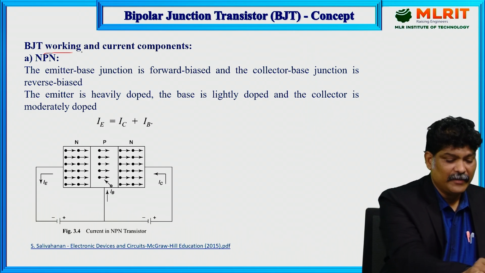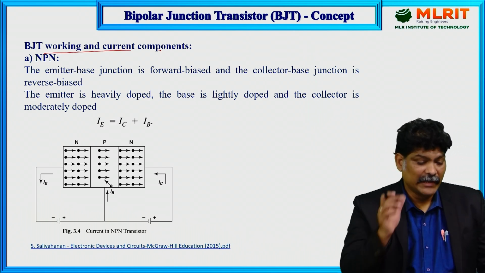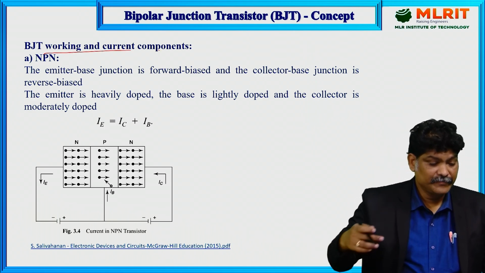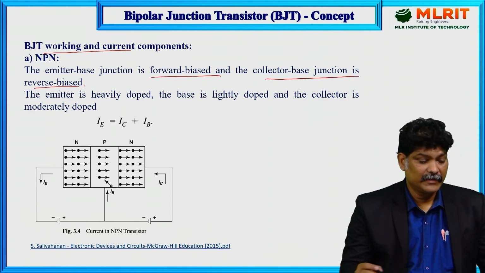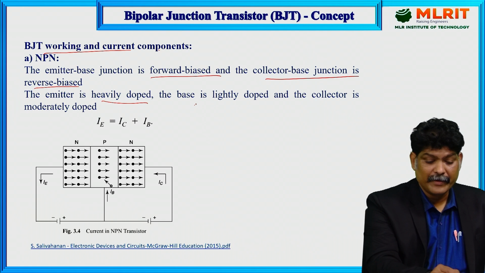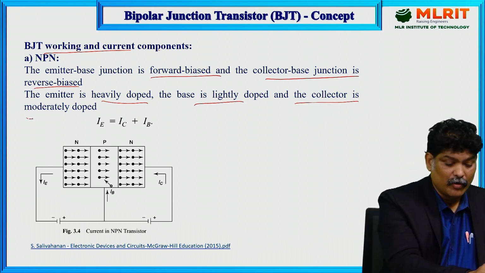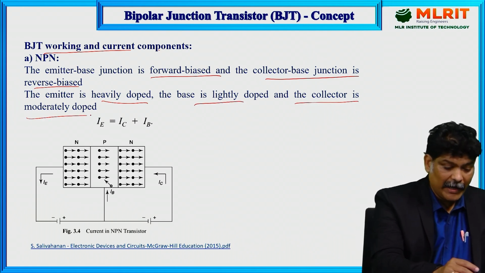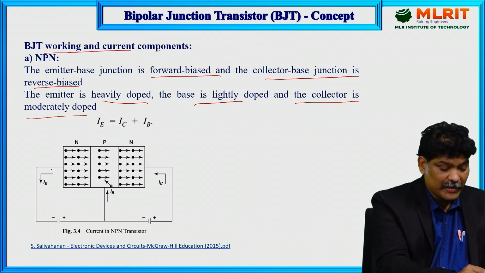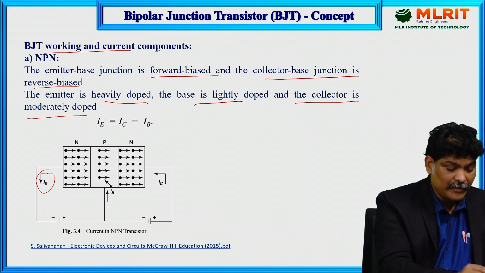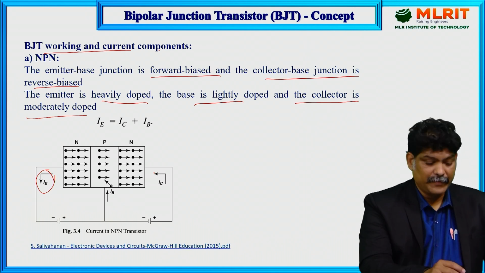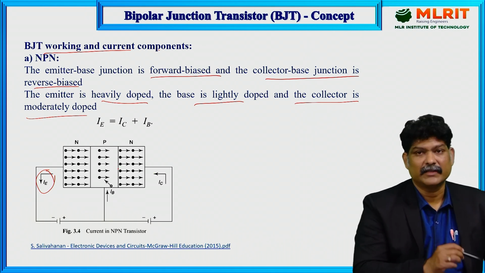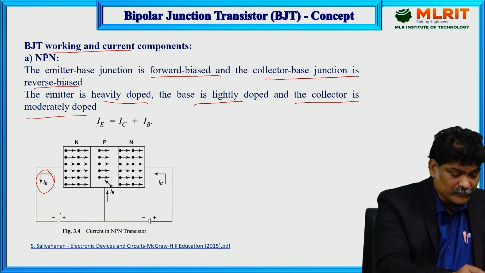So BJT working and its current components. The emitter base junction is forward bias and the collector base junction is reverse bias. Now the emitter is heavily doped, the base is lightly doped and the collector is moderately doped. I already told you that emitter current is flowing out of the transistor, and base current and collector current enter into the transistor. See here what happened: this is forward bias, right?